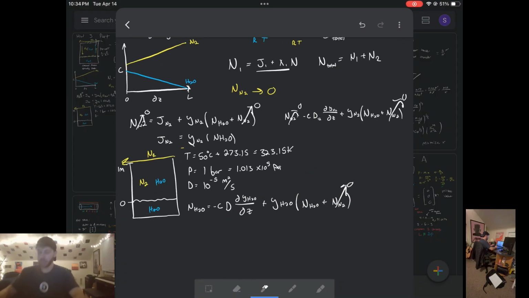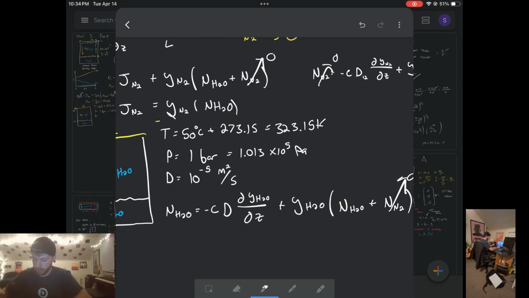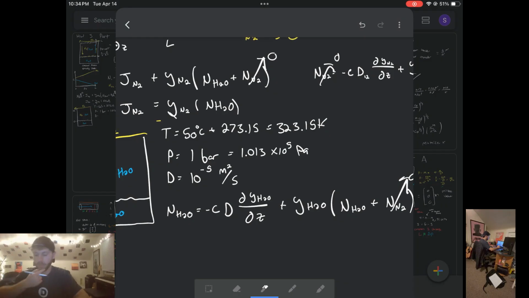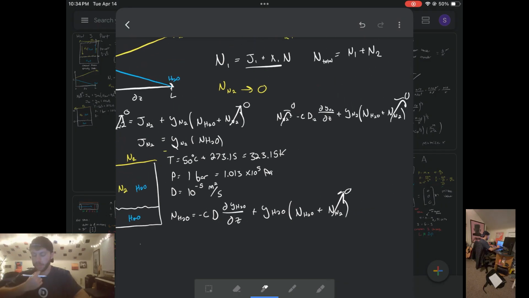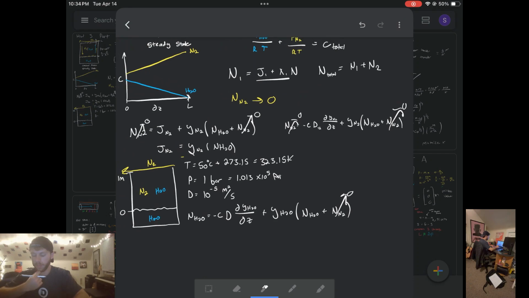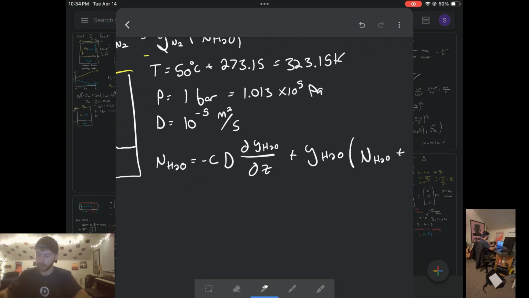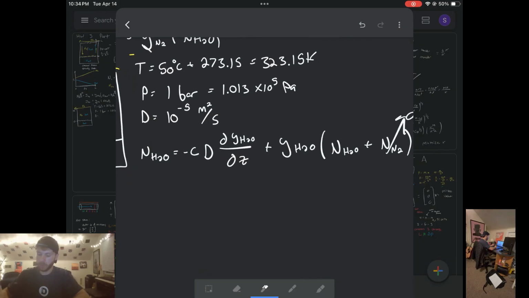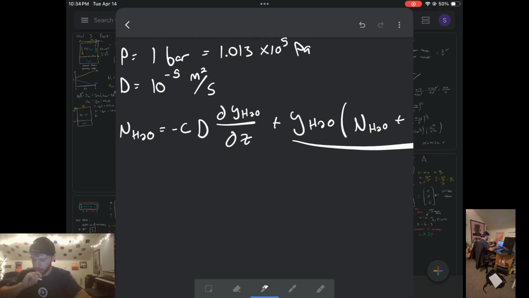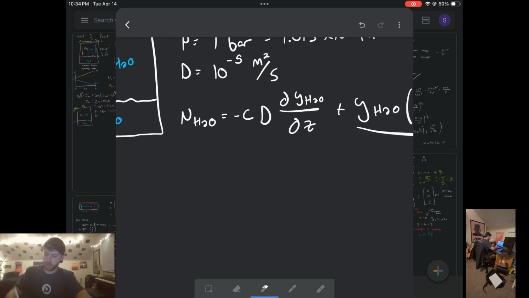Okay, so in order to continue on with this, what we'll do here is we'll move this term to the left. So with that, we'll get total flux of water.